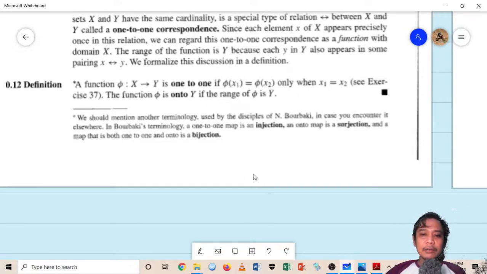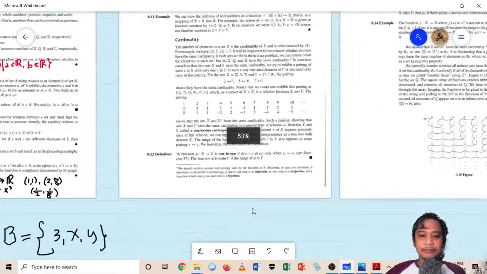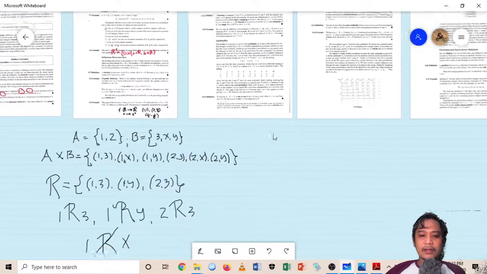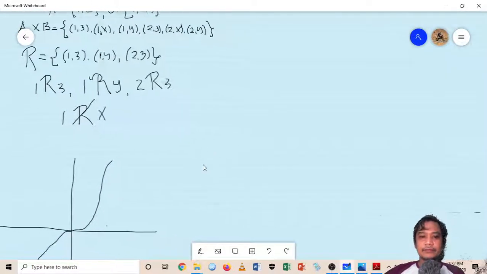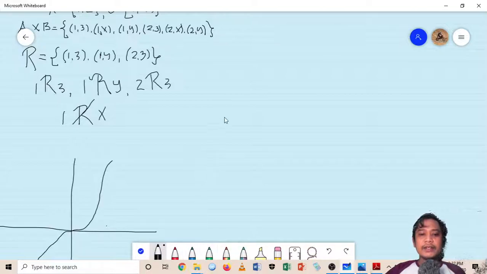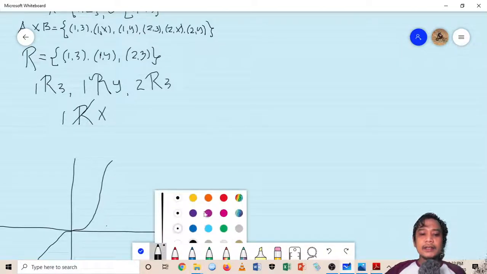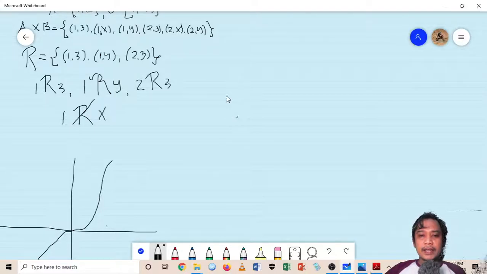Okay, let me now demonstrate how we use this definition in proving that a function is 1 to 1 and onto. Take for example the function, say g, mapping the set of real numbers to the set of real numbers.